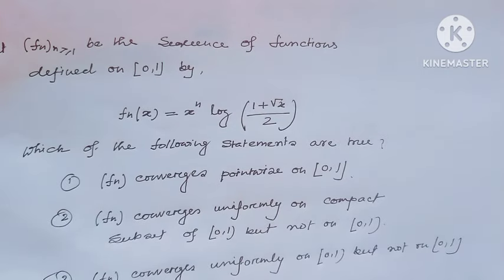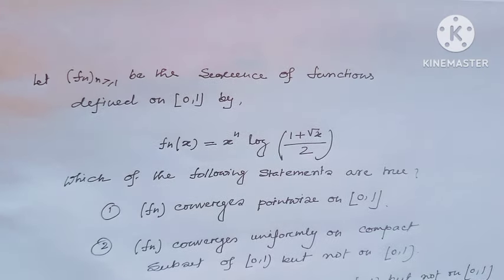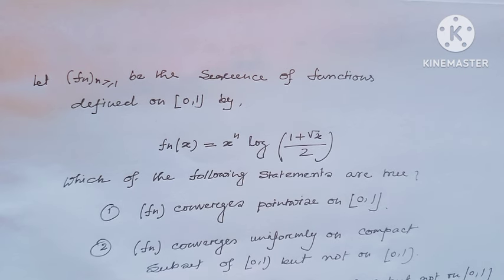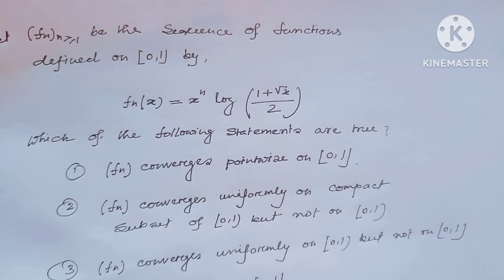Next question, this is also very important. Let fn be a sequence of functions defined on the closed interval [0, 1] by fn(x) = x^n log((1 + √x)/2). Then which of the following statements are true? Option 1, fn converges pointwise on the closed interval [0, 1].